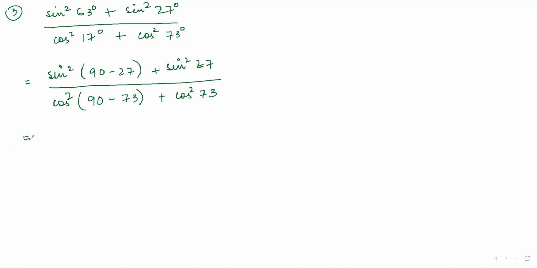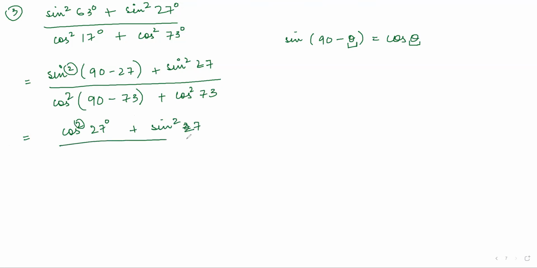Now I know that sine of 90 minus theta is cos of theta, correct? Whatever is subtracted from 90 becomes your cos theta. Now 27 is subtracted, so I'll get cos square of 27 because I have the square outside. So this will come as cos square of 27 and then sine square of 27, divided by.